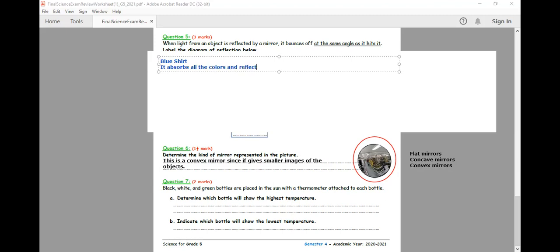It doesn't absorb all the colors. It absorbs the 6 colors except blue. Yes. Bravo. It absorbs all the colors but reflects the blue color only.